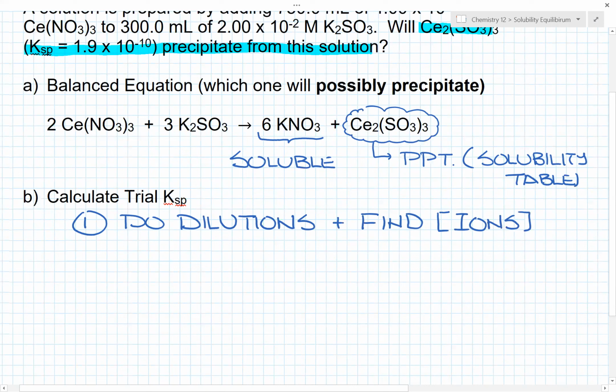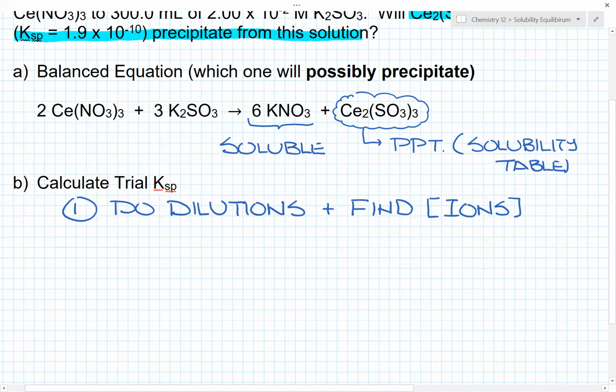Now, this goes back to the review that you should have done at the very beginning of solubility, where you either read, depending on which class you're in, about doing dilutions and finding the concentration of ions, or you watched the video that I put on for regular Chem 12.